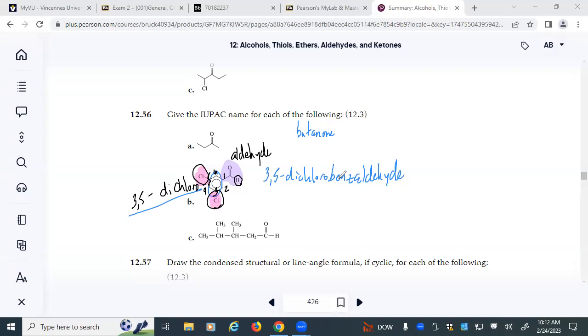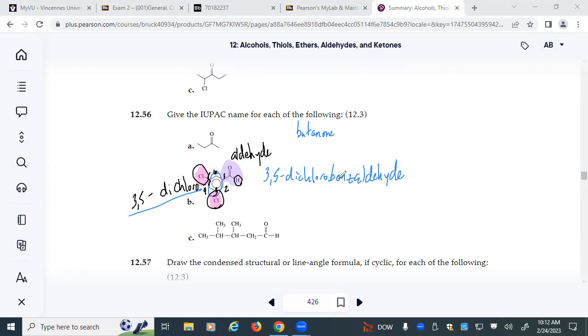B is before C. But if I have dibromo and chloro, chloro doesn't move in front of the bromo because of the di. So prefixes don't change the order of things. And so again, if we ran into that situation, we would be numbering based on the bromo groups getting the lowest combination if possible versus the chloro groups.